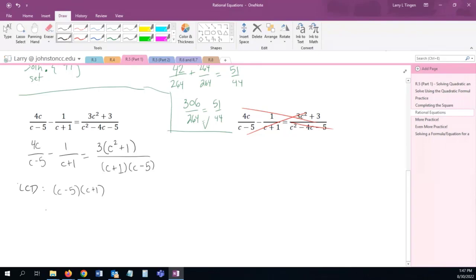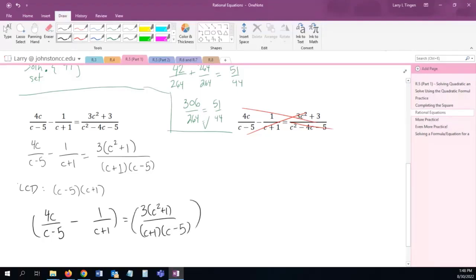I need the larger one just to be able to keep track of it. 4c over c minus 5 minus 1 over c plus 1. That's the left-hand side of the equation. And the right-hand side of the equation, 3 times c squared plus 1 over c plus 1, c minus 5. And then both sides get multiplied by c minus 5 times c plus 1.